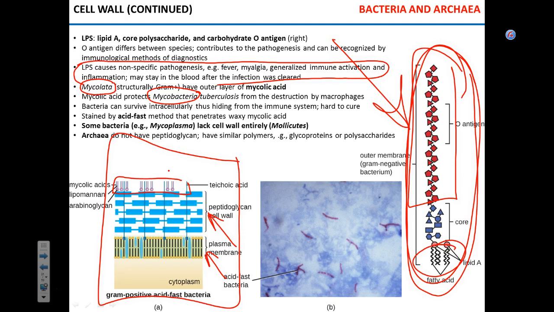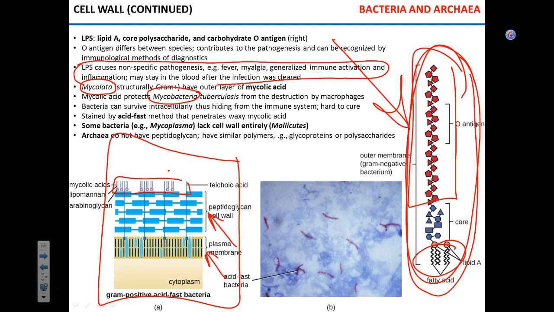Members of mycolata, the most notable, Mycobacterium tuberculosis. If you grow Mycobacterium tuberculosis on the agar, colonies look waxy, like they are covered with wax. Got it? Good.